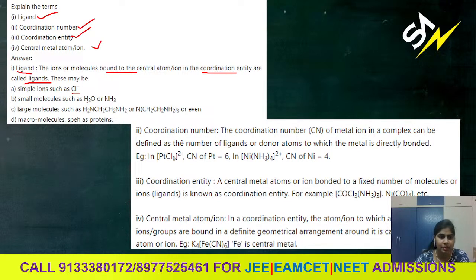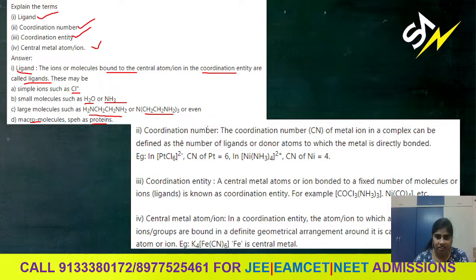For example, you can observe Cl minus. You can also observe H2O and NH3 as ligands around the central metal atom. You can also observe some alkenes, amines, and molecules. You can also see some macromolecules and proteins.